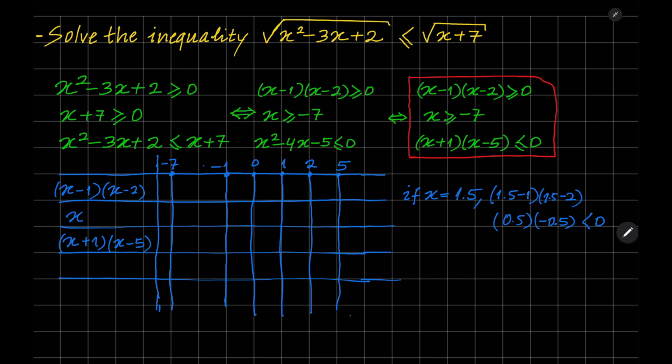Let me change the color. The first equation is negative between 1 and 2, and it's positive at these regions.